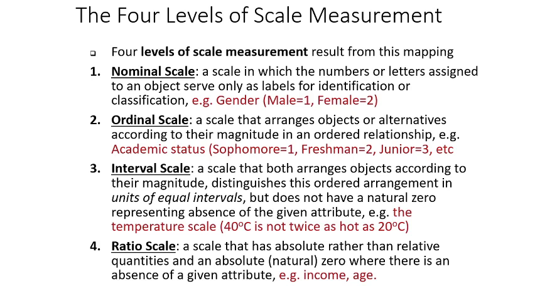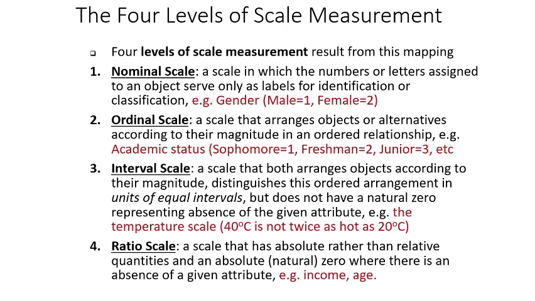What is between 1 to 5? Here you have an example, the temperature scale: 40 is not twice as hot as 20. So 20 is a separate thing, 40 is a separate thing, and in between they have a 20 interval. We will see further examples in our coming PPTs.